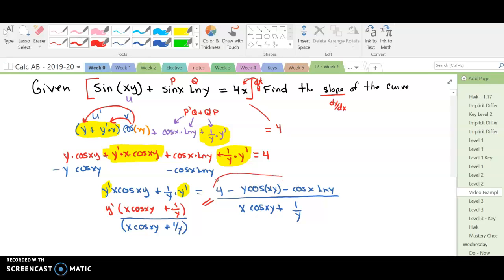This is one form of our final answer. There's some other simplifying we could do. I'm not sure how simple it is, but we could make a common denominator here and write this as all over y, and some other things like that.